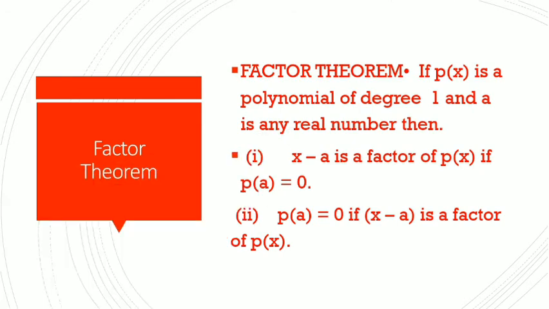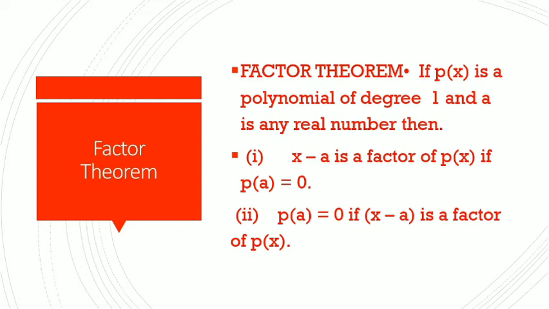Factor theorem. The factor theorem states that if p of x is a polynomial of degree greater than or equal to 1 and a is any real number, then x minus a is a factor of p(x) if p of a equal to 0. And p of a equal to 0 means x minus a is a factor of p(x).